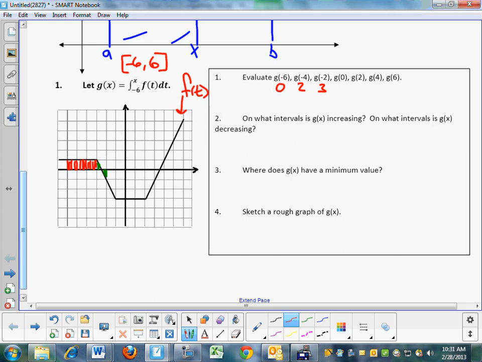Okay, so the area above and the area below in that situation will cancel. Now, how about all this area here? That's all negative. So we know that the green's canceled. Now it wants us to add all the way to 0. So I have this stuff here. How much would that be? If you put that rectangle there, that would be -2, and then another -3. That would be a total of -5 more.